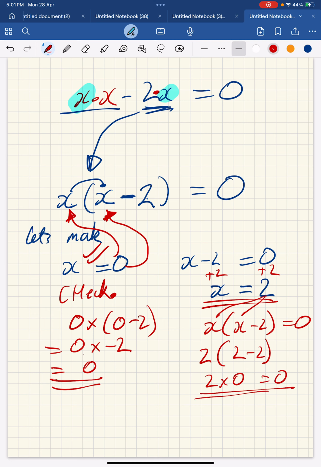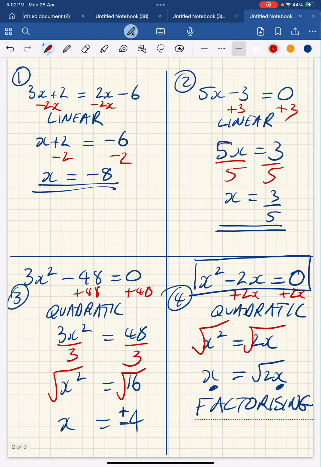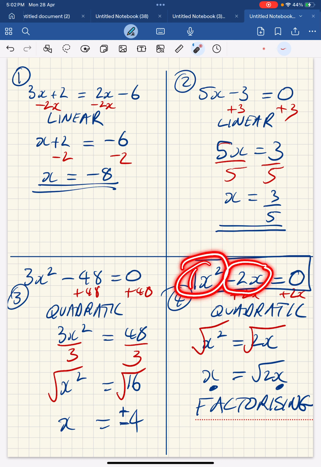So this is super important, that if we have anything a times b equaling 0, we can just make either a equal 0 or b equal 0, and that will solve our equation. So that is the key to solving quadratic equations when we have an x squared and some x's.